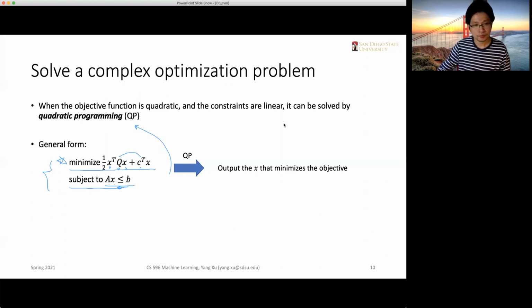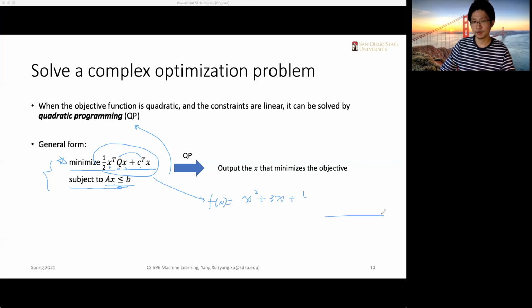The simplest case is, for example, that our f function is in 1D, a simple quadratic function, like x squared plus 3x plus 1.